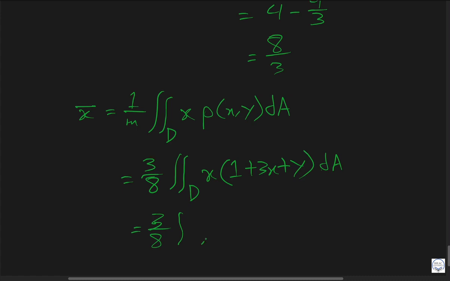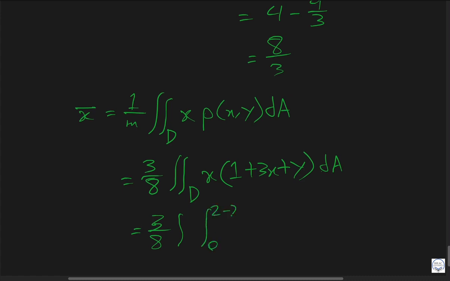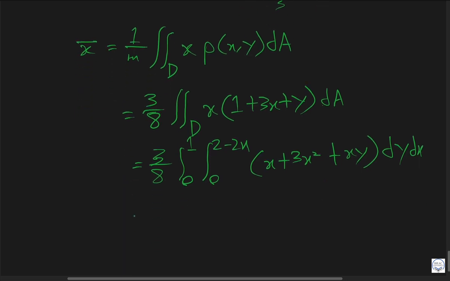So we do 0 to 2 minus 2x, and 0 to 1. I just take x plus 3x squared plus xy, times dy dx. We do the y integral first.